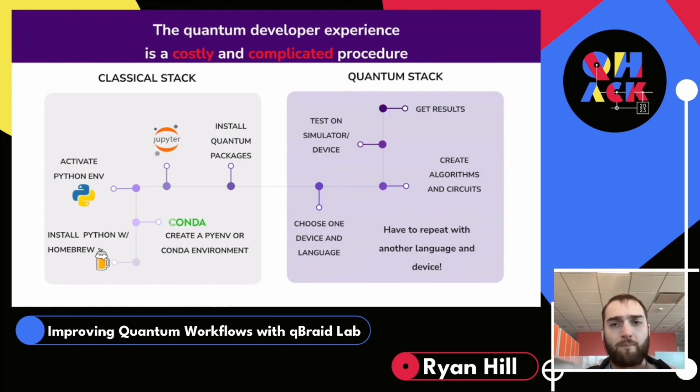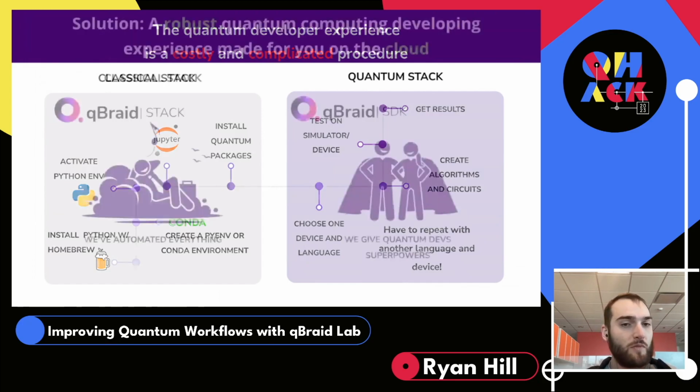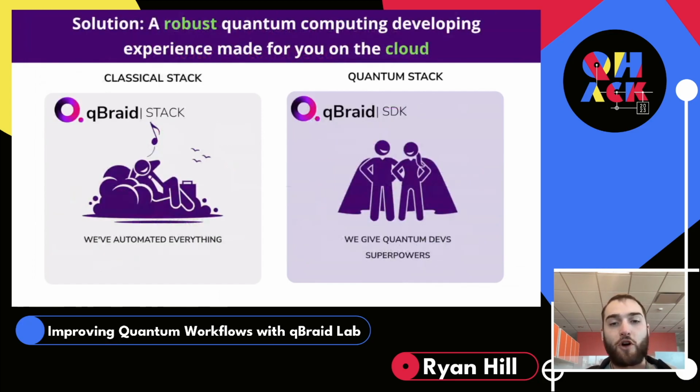So at qBraid, we separated out this classical portion of the stack so that developers can just focus on jumping into quantum. So we've developed our own qBraid stack, which is this highly automated, highly optimized cloud-based IDE slash platform that's catered for quantum developers specifically.